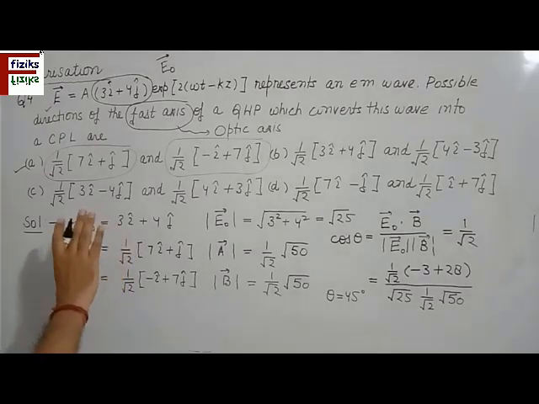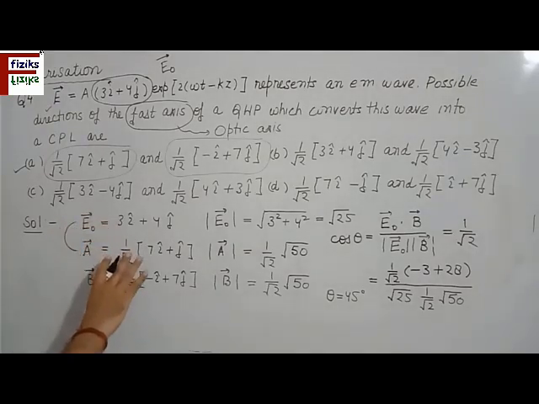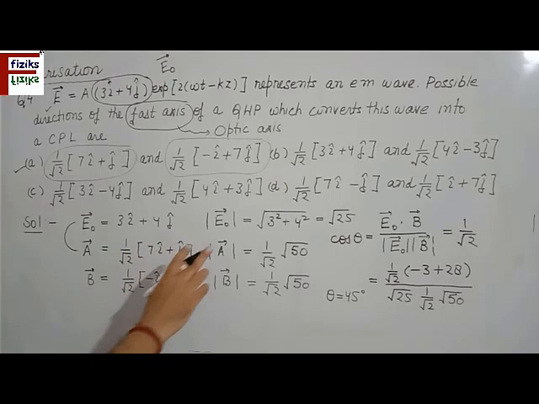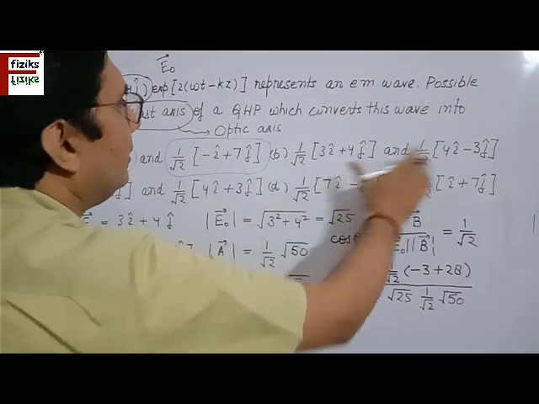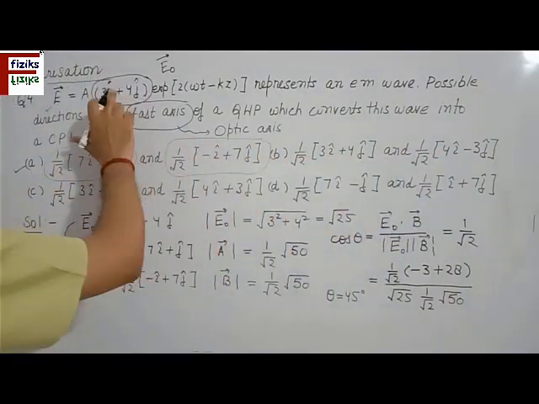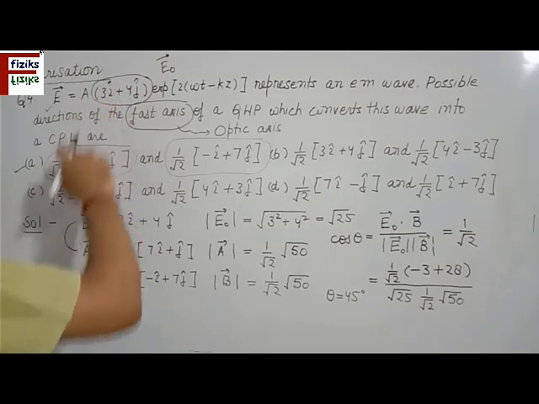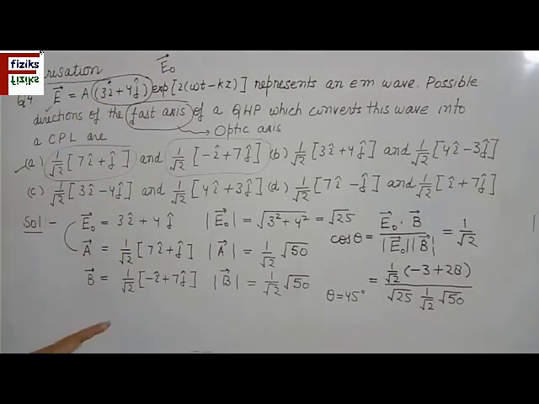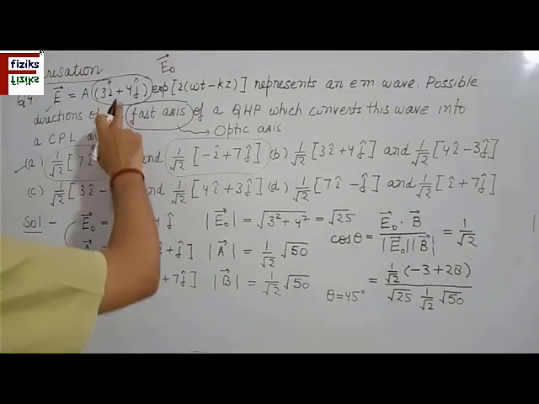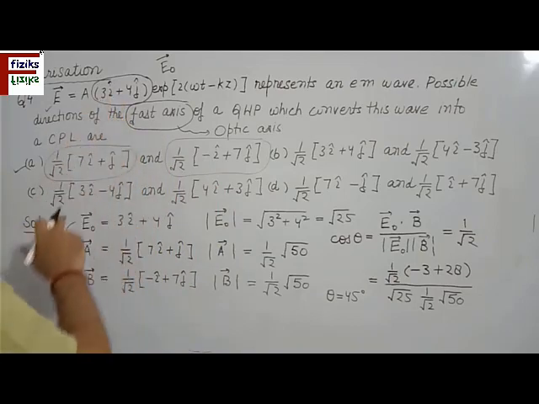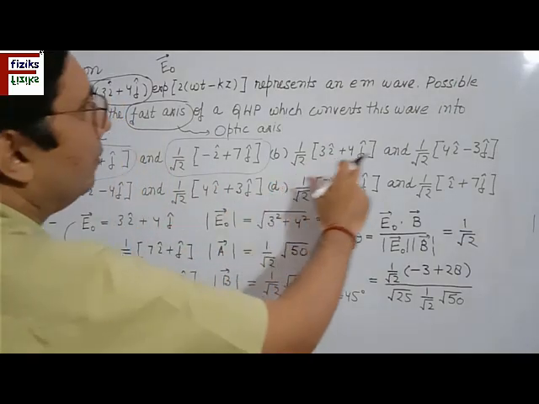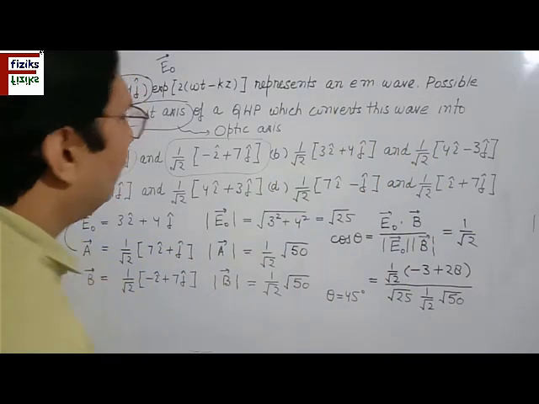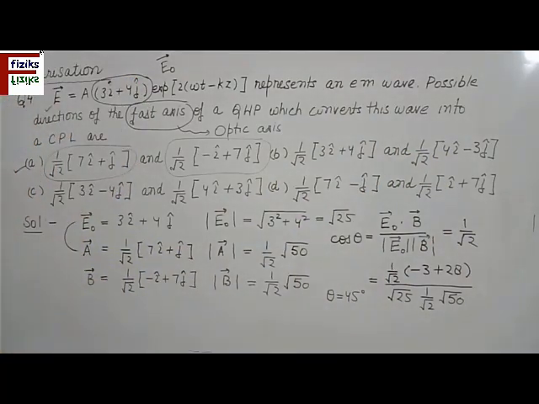You can use the same method to find the angle between these other directions and the direction of the E vector of the given EM wave, and you will find that this angle is not 45 degrees. I am not going to repeat this. This is homework for you. You have to find the angle between this E naught vector and all these 6 other vectors, and you will find that these values are different from 45 degrees.